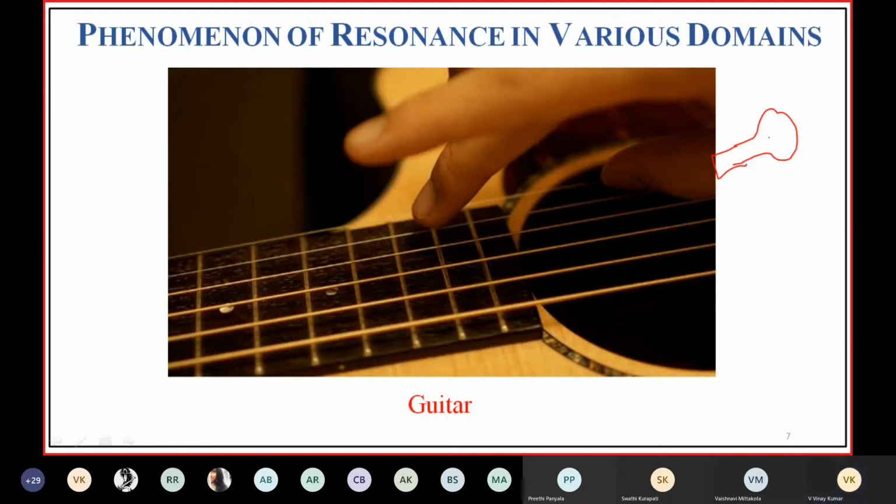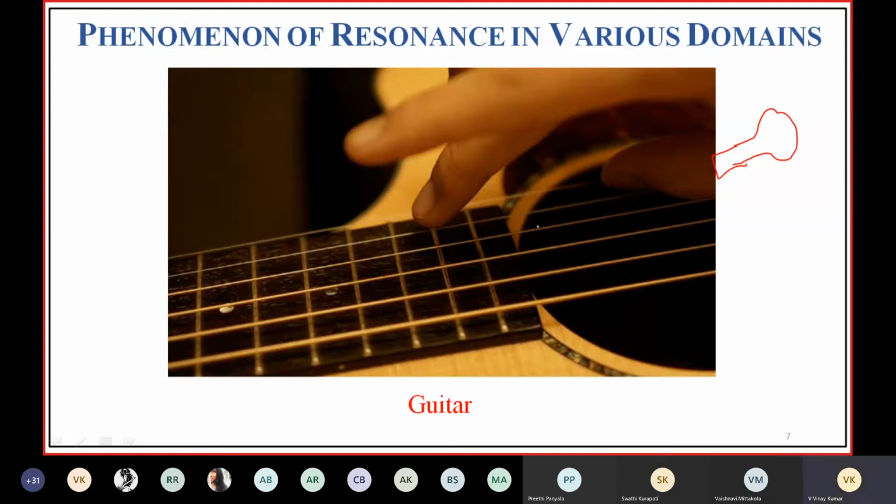So when you pluck a string, it vibrates. This string vibrates and transmits the sound energy into the hollow wooden body of the guitar, making it resonant and amplifying the sound.